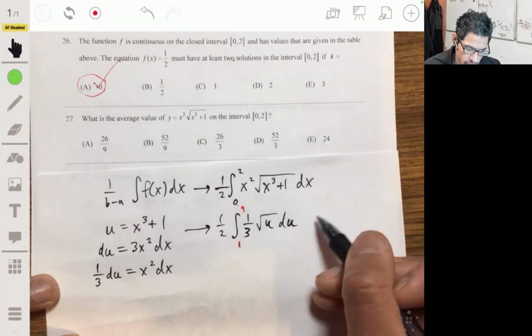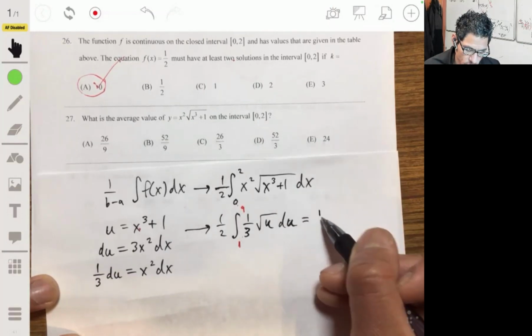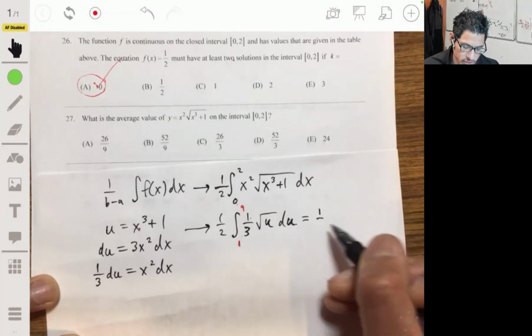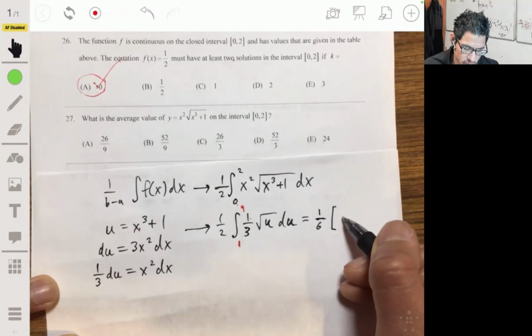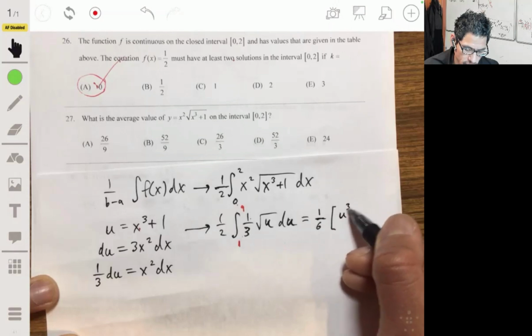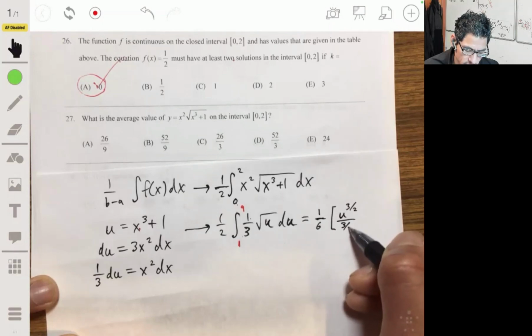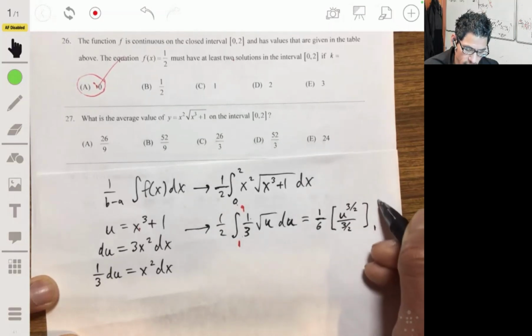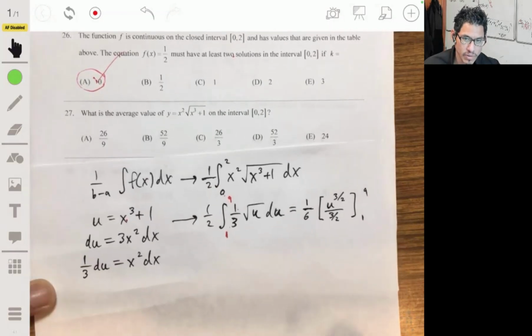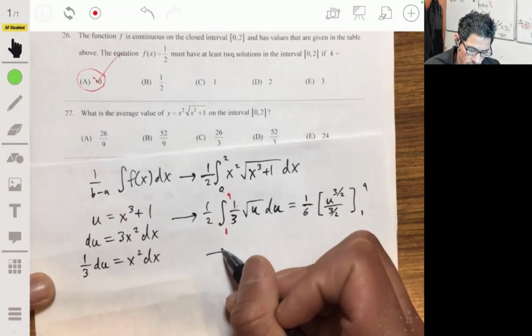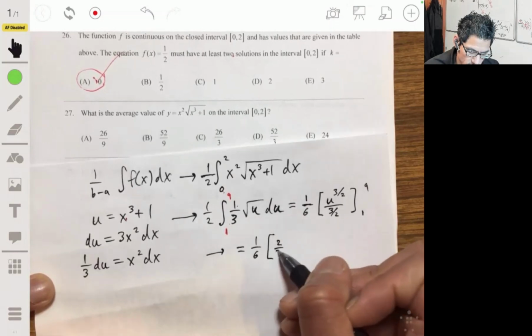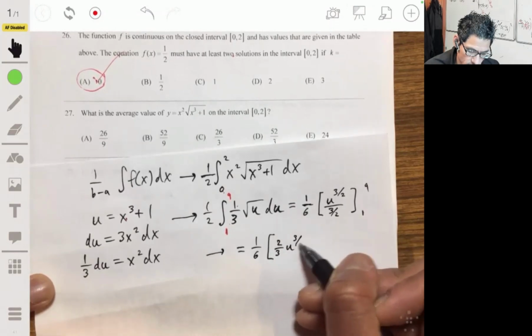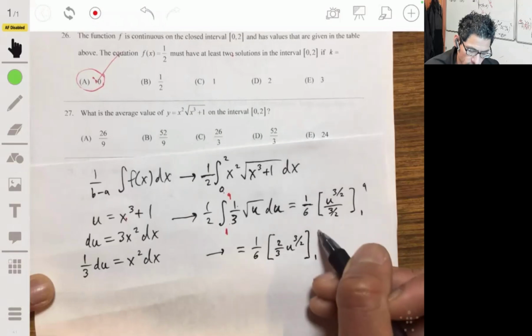Integrating this, we would get, and we could factor out that 1/6, times u to the 3/2 over 3/2 from 1 to 9, which is the same as 1/6 times 2/3 u to the 3/2 from 1 to 9.